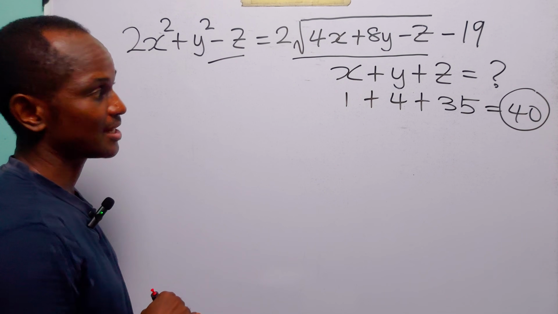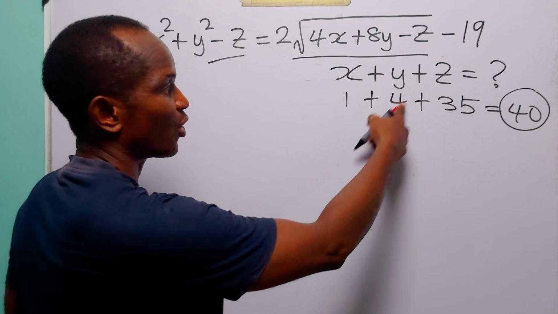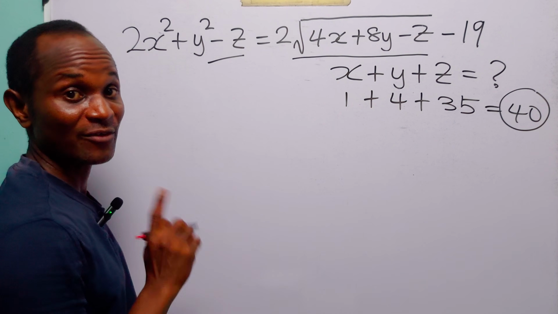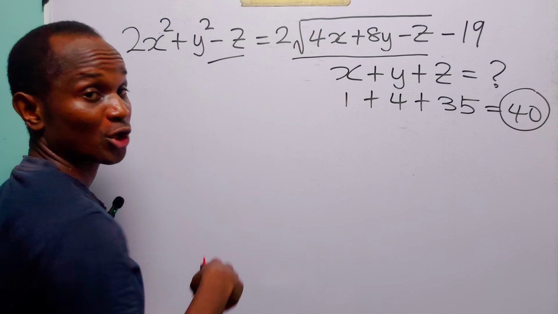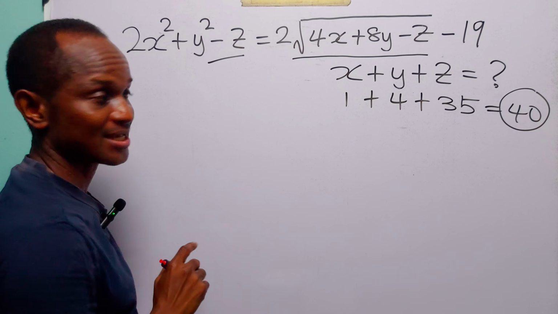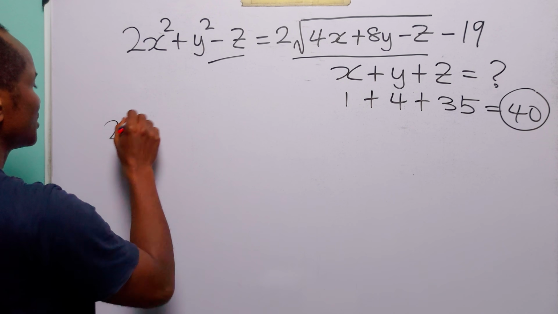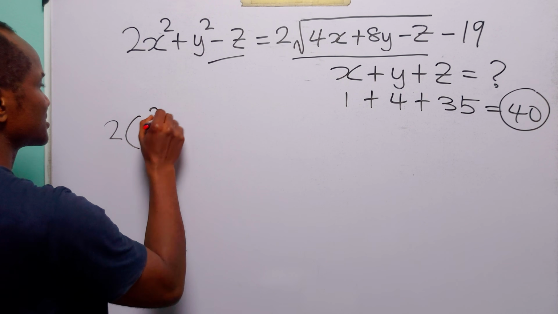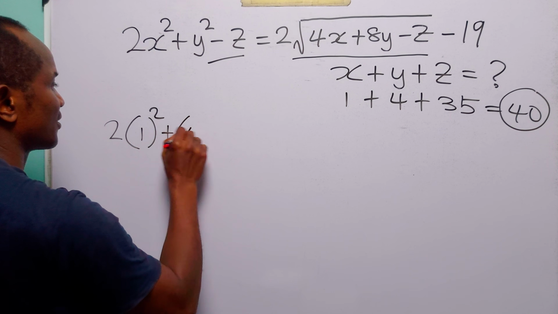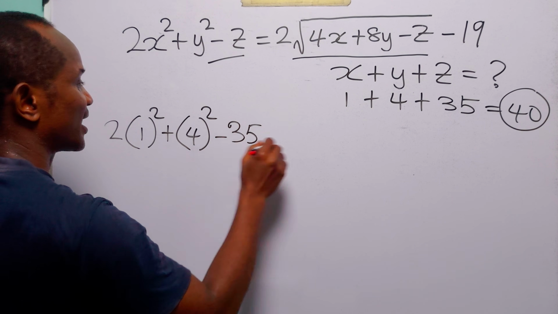Now, to check our answer, let us substitute x equal to 1, y equal to 4, and z equal to 35 into the original equation to see if the left-hand side will be equal to the right-hand side. So we have 2 times 1 squared plus 4 squared minus 35.